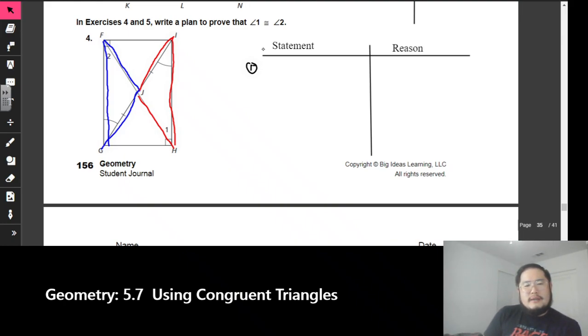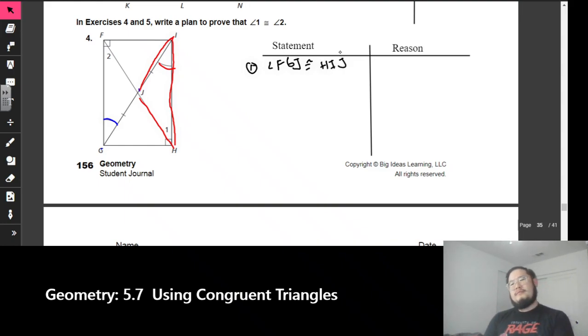All right, so let's see here. If I take a look, I've got angle FGJ. That right there is congruent to, we're taking a look at this one, angle FGJ, that's congruent to angle HIJ.